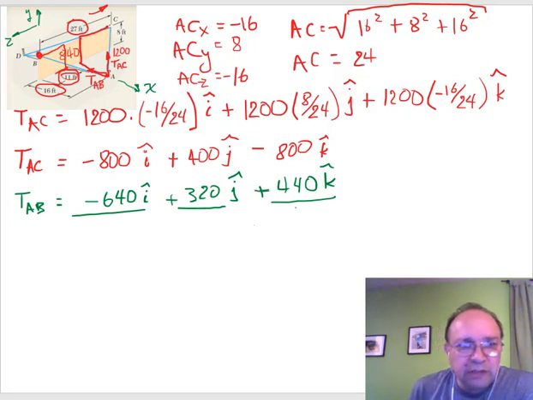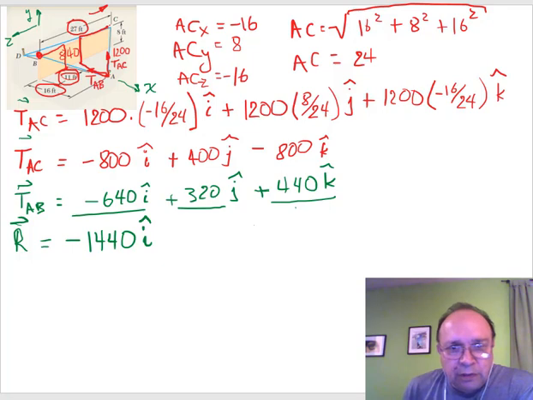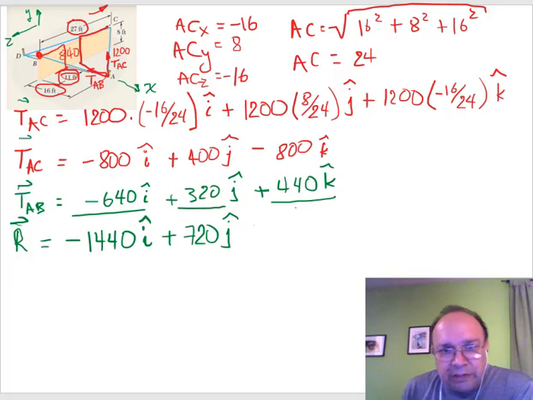The resultant, I can put here this vector sign, will be minus 800 minus 640, that is minus 1440 i, plus 720 j, and this will be minus 800 plus 440, that is minus 360 k.